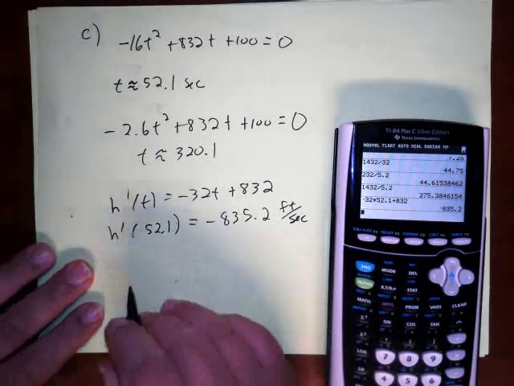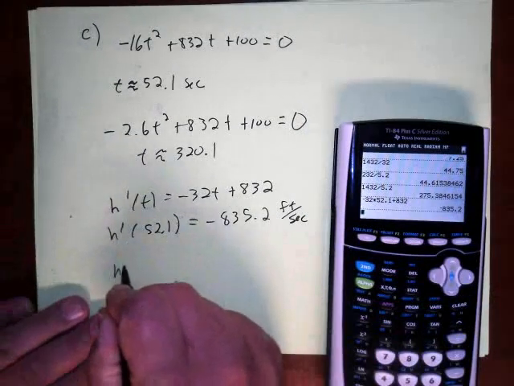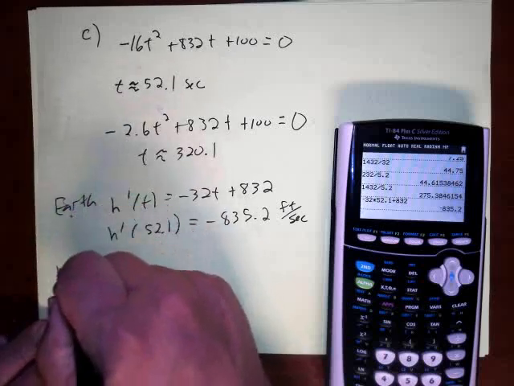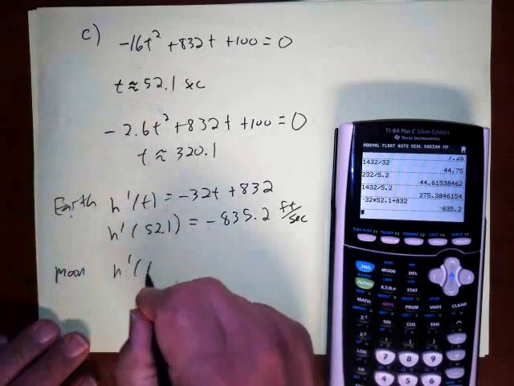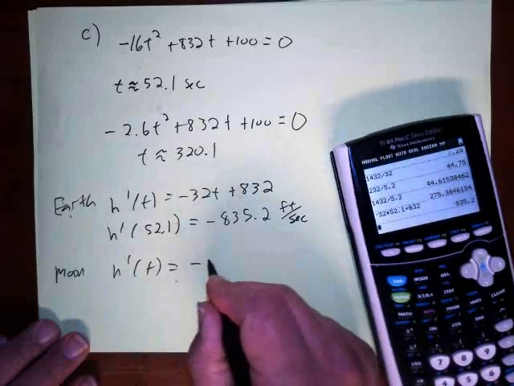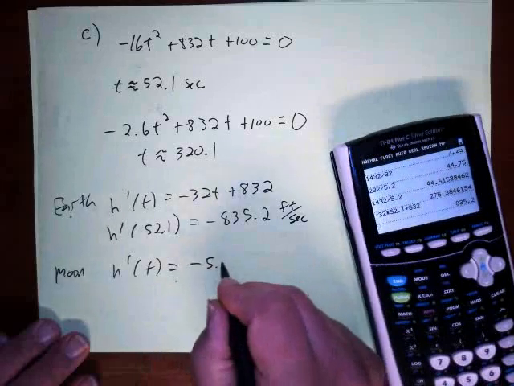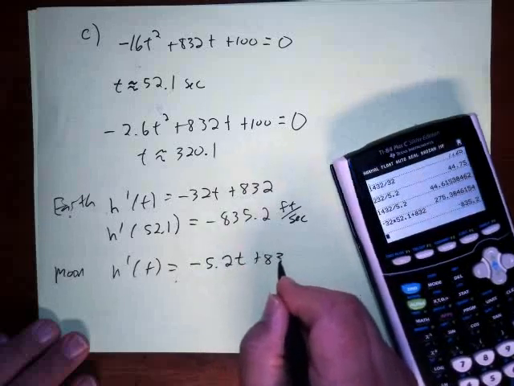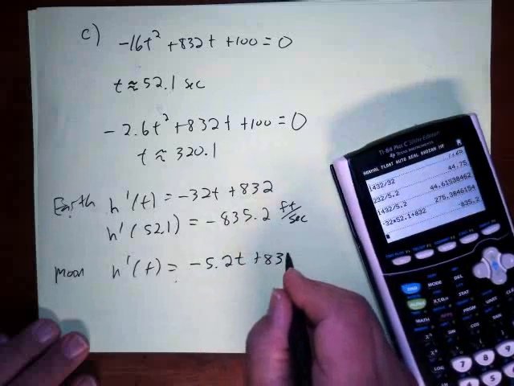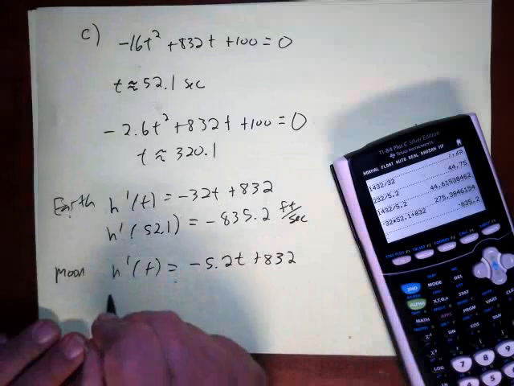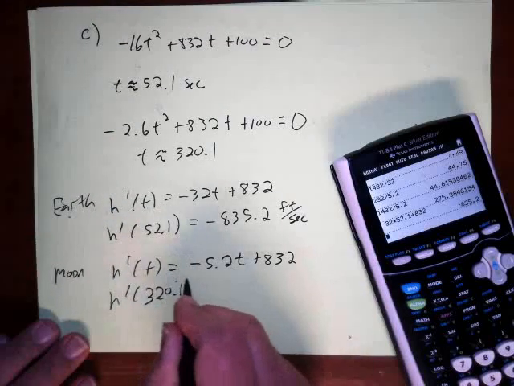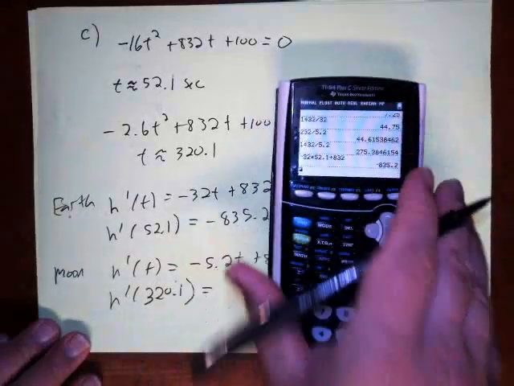So now, this is Earth, this is Moon, so H prime of t is negative 5.2t plus 832. And so now I'm going to take H prime at 320.1 seconds.